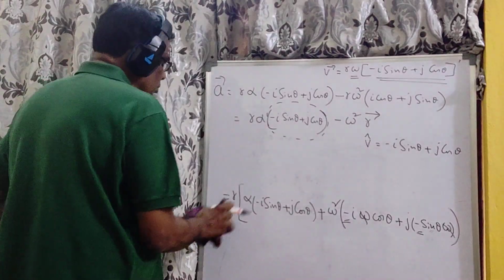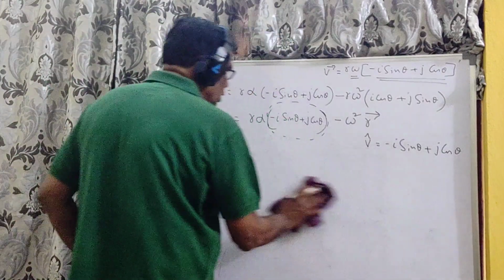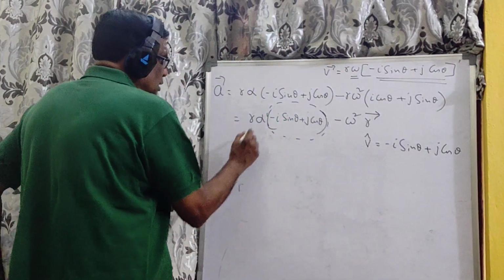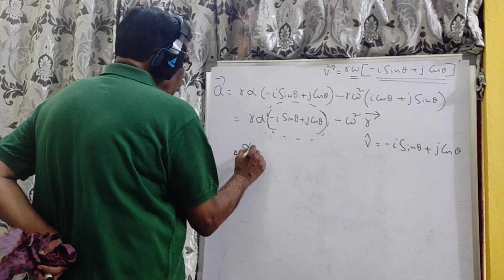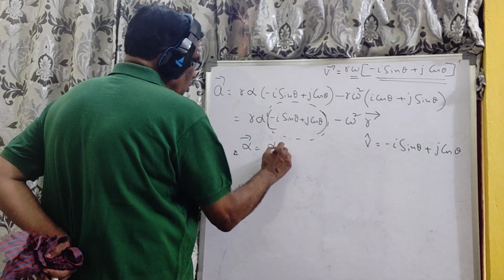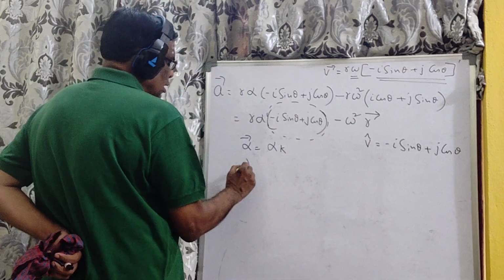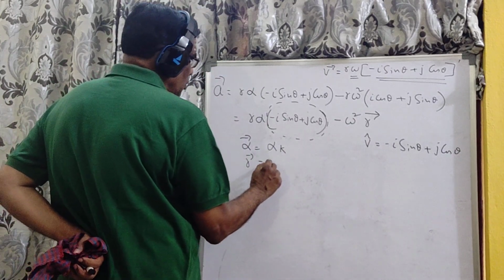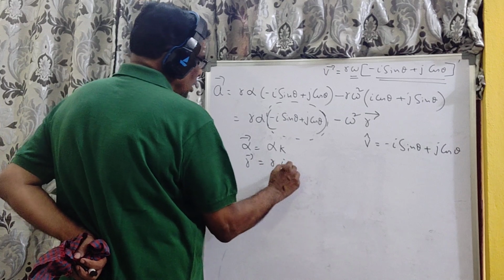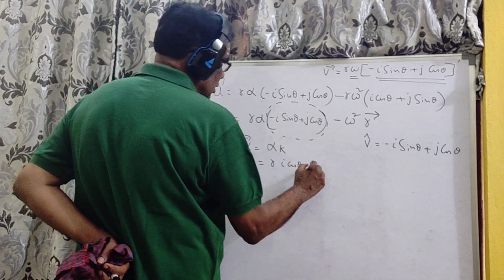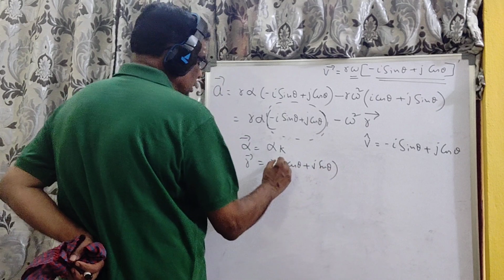I'll come to that. But before that, just as we have seen, alpha bar is equal to alpha k, okay? And R bar is equal to R into I cos theta plus j sin theta.